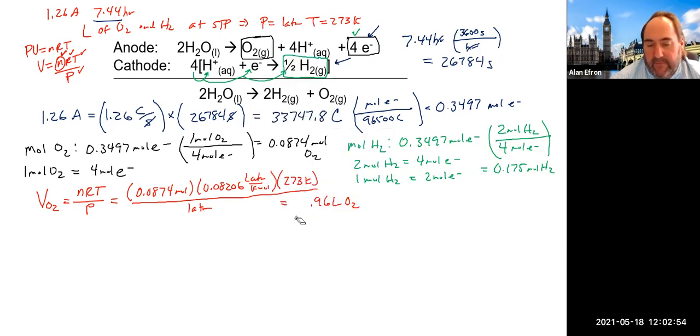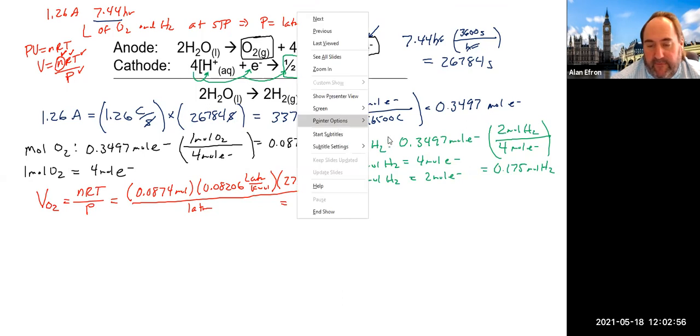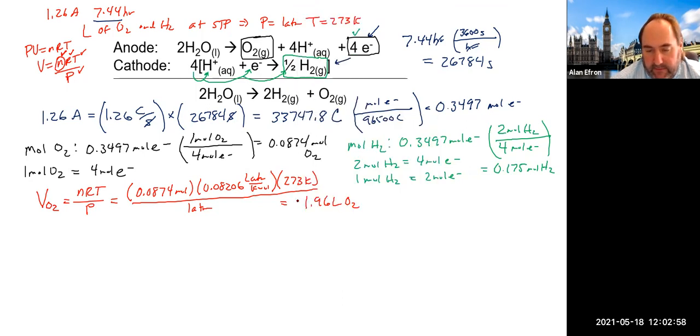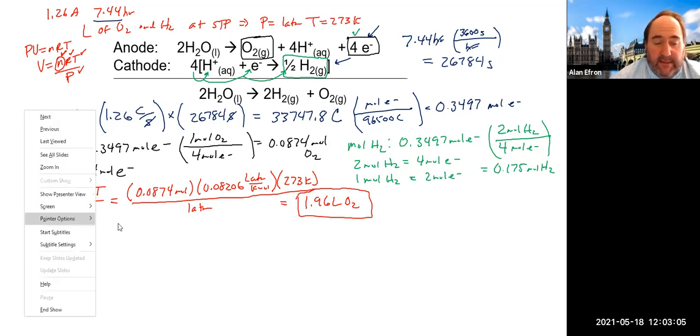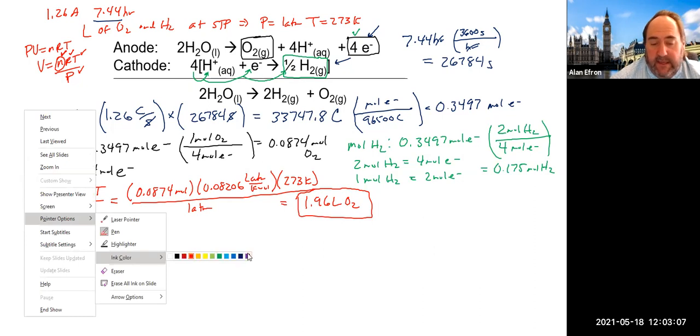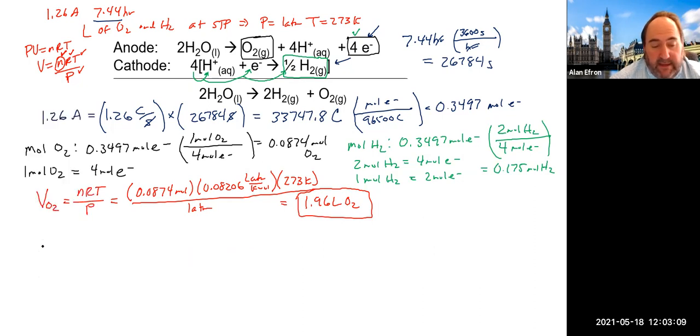Now that we have the volume of O2, put a better box around it. There we go. We can now pretty much go exactly into that ideal gas law if you like, and just do the same thing now for hydrogen. Obviously, in this case, we would want to use the moles of hydrogen, which is 0.175 moles. Everything else is going to be identical to what we just did above there.